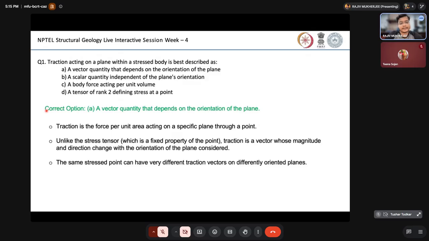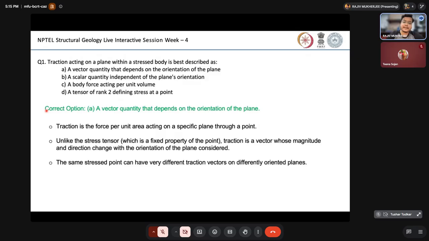And a stress tensor has magnitude and several components of direction, which is at least two components. Because for each of these traction components in a stress tensor, there are two perpendicular directions that can be specified.